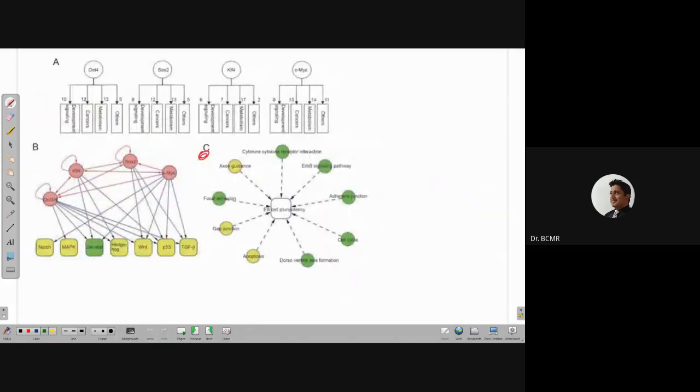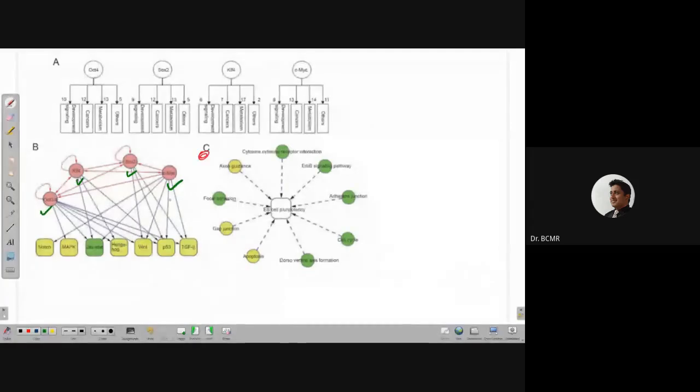You don't have to memorize all the functions of these, but what you should remember is that OCT4, KLF4, SOX2, and CMYC are transcriptional regulators. They regulate many other genes, and eventually they regulate the expression of many other regulators. So you can see that these 4 factors have huge potential for the ability to reprogram the cell.